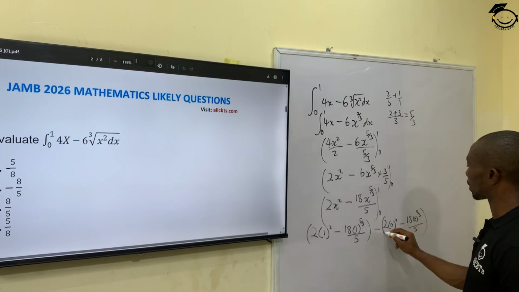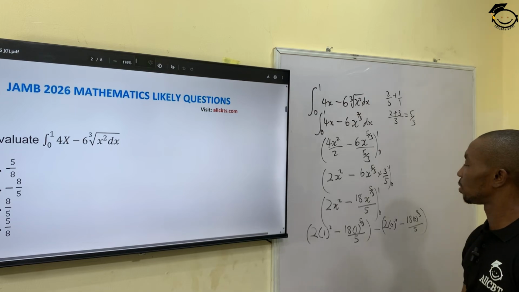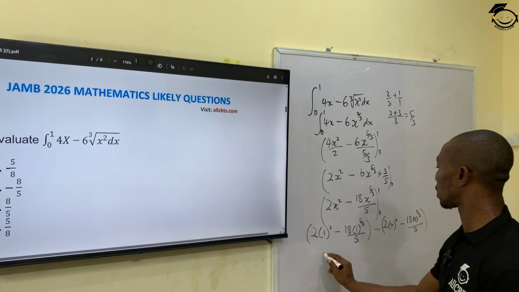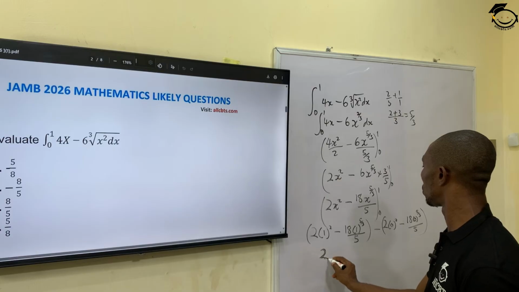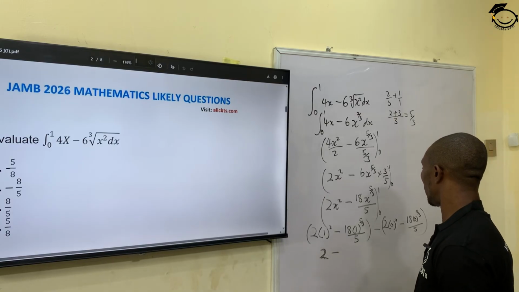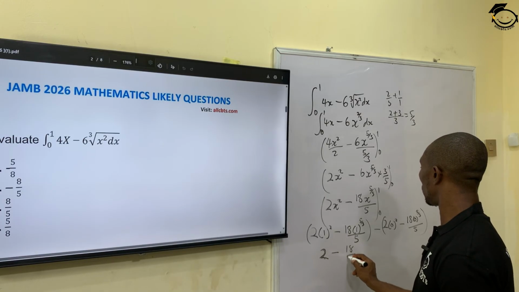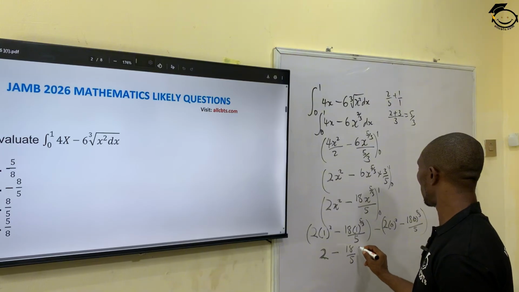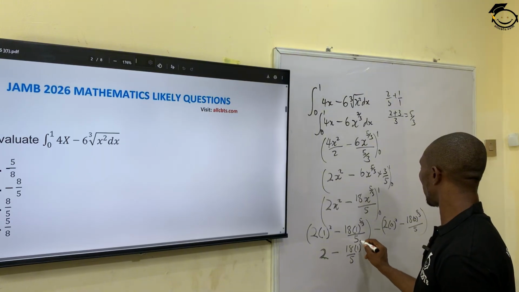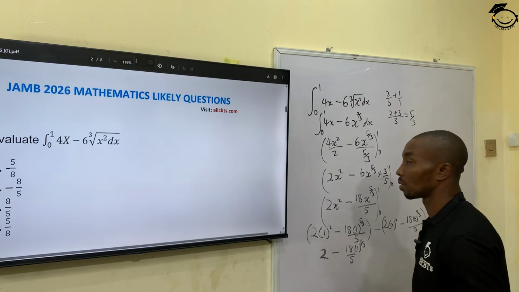So we know that automatically all this will be 0. So we have 2 minus 18 over 5 times 1 raised to the power 5 over 3.